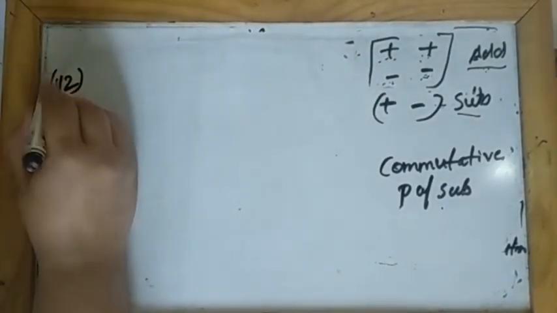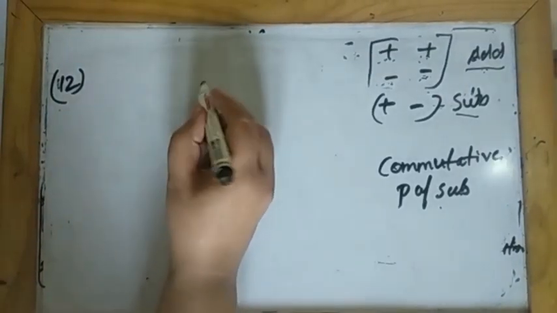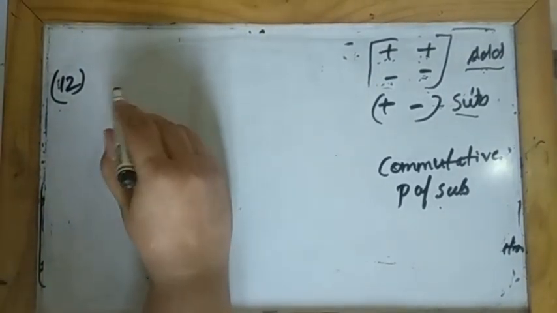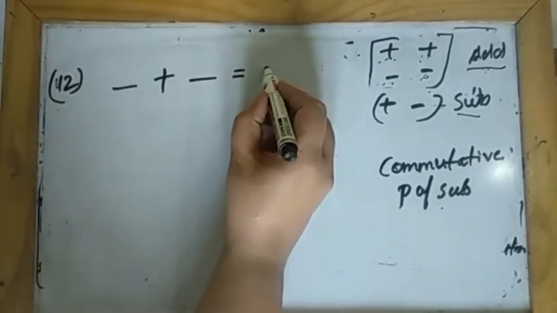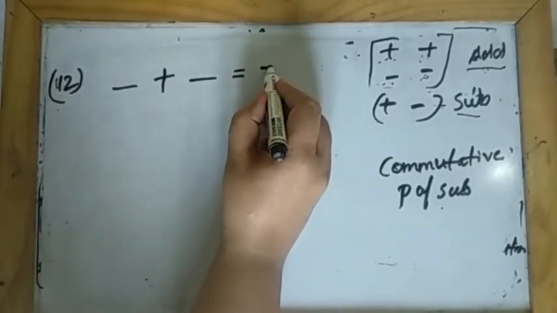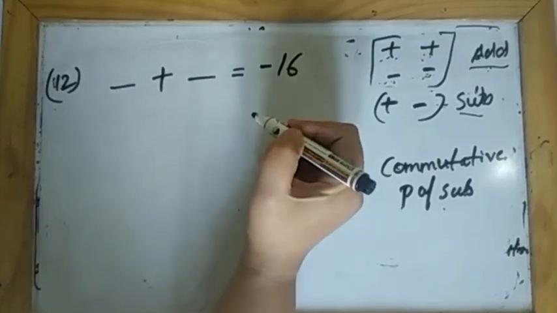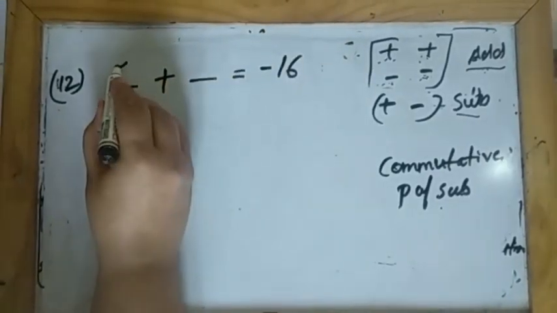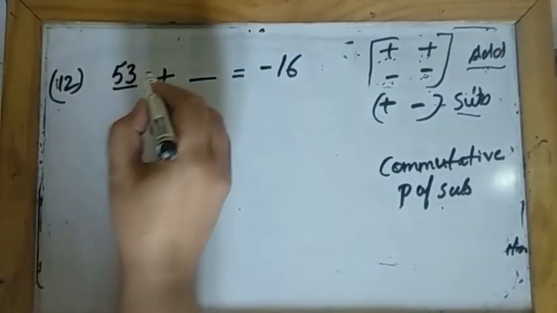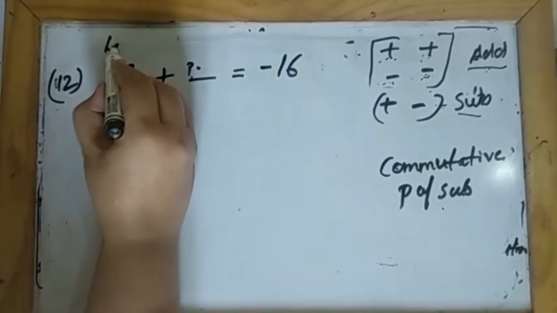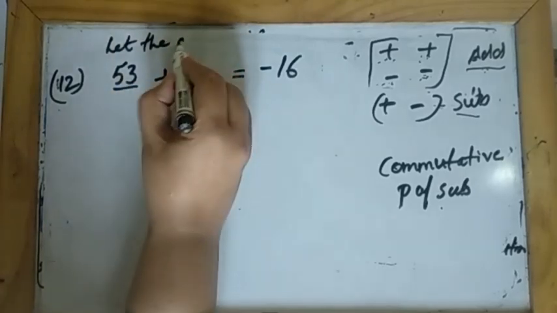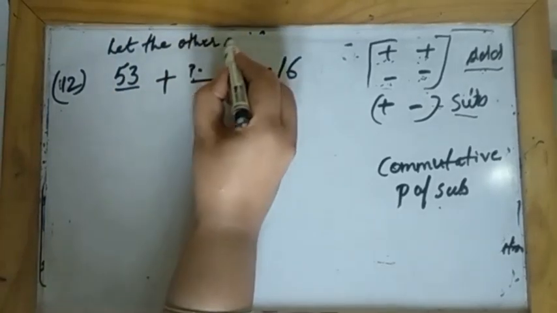They are saying the sum of two integers is minus 16. Now what is sum? Sum means when you add two integers, the answer that you get. The sum of two integers is minus 16, and they are saying one of the integers is 53, find the other integer. I have to find this, so I can say let the other integer be x.